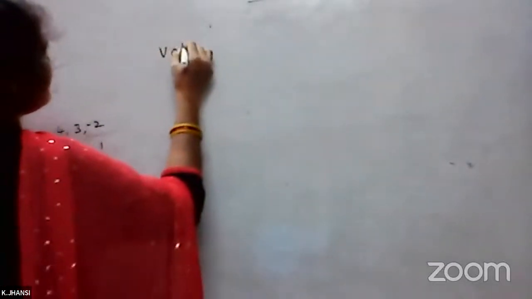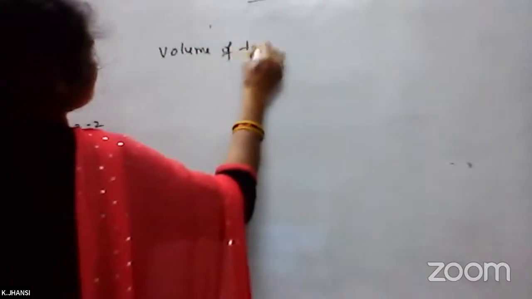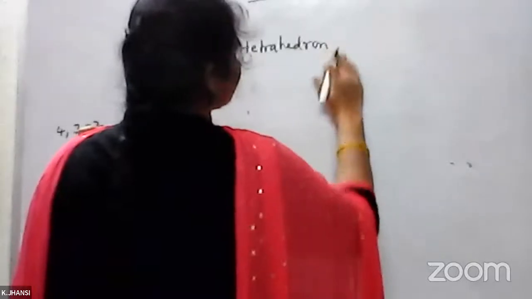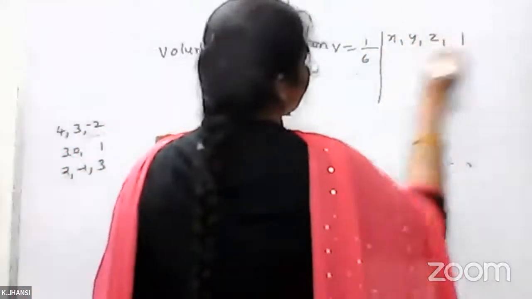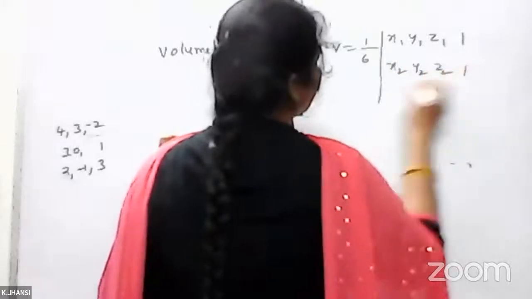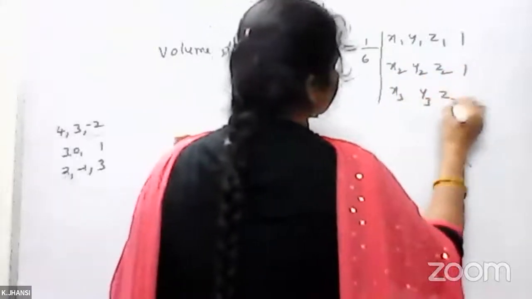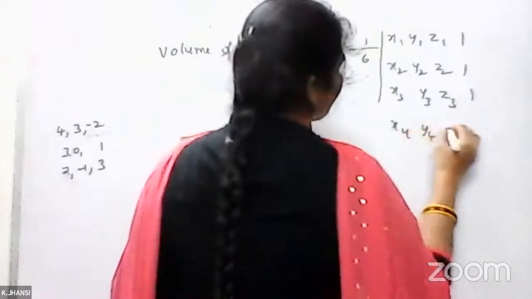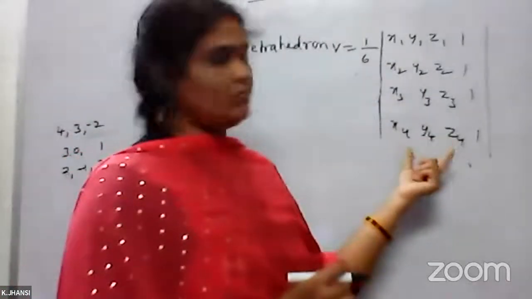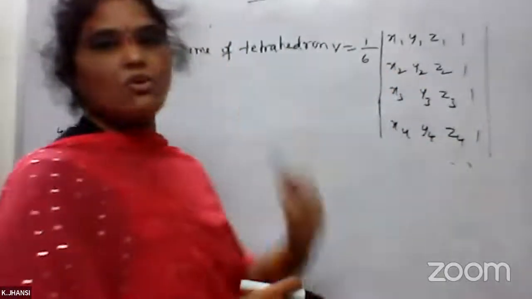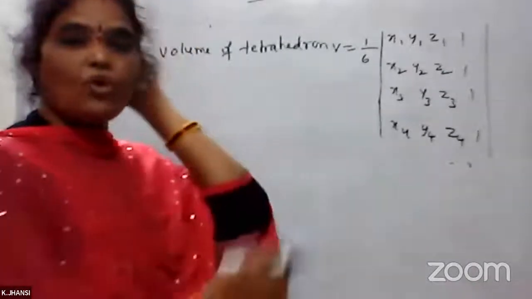Then we have the formula: volume of the tetrahedron, that is V, equals 1/6 of the determinant of x1, y1, z1, 1, x2, y2, z2, 1, x3, y3, z3, 1, x4, y4, z4, 1. Whatever answer you are getting, that is called the volume of the tetrahedron when 4 vertices are given.